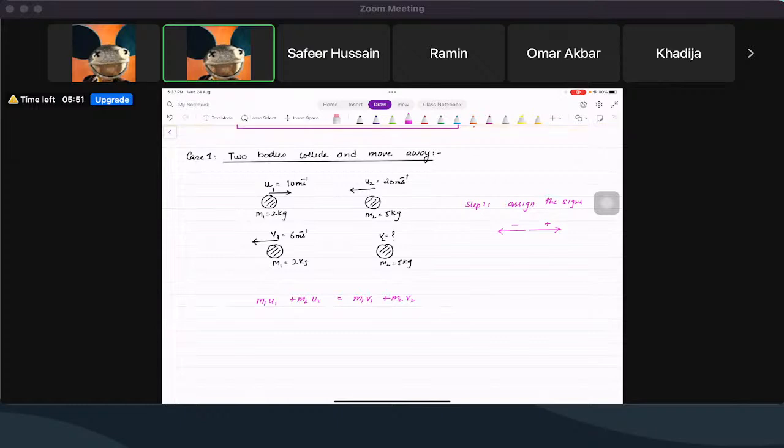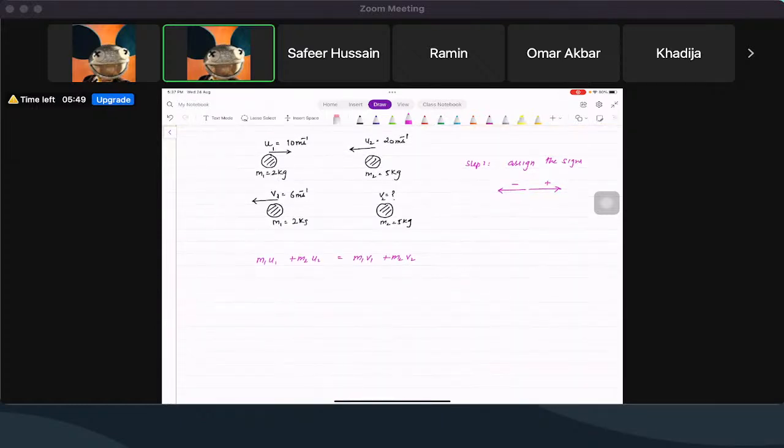Now write the equation. First mass was 2, and because it was going towards the right, this will be positive, this will be negative, this will be negative, and I don't know about that one. So u1 is positive 10, m2 was 5, u2 was minus 20. Then this one is 2 again, and it is minus 6. This is 5, and we don't know what v2 is yet.